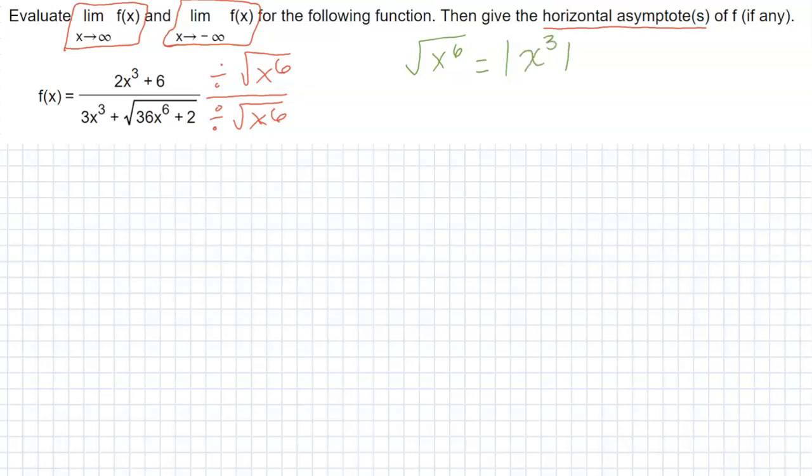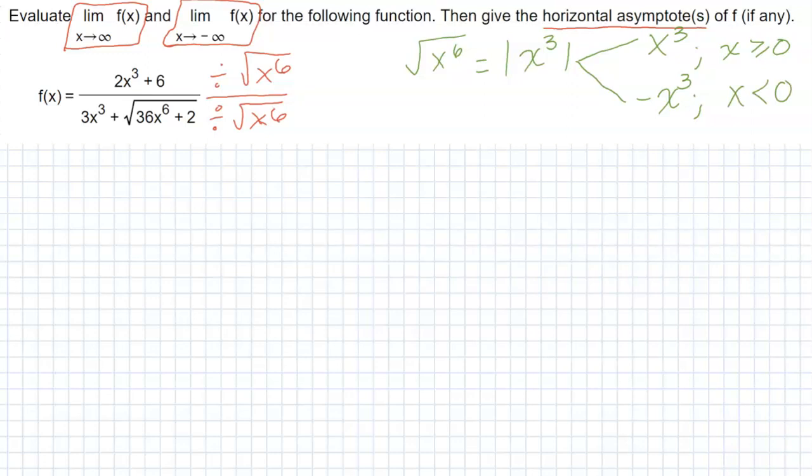Now the absolute value of x to the third, when written without the absolute value, will have to depend on the value of x. If x is 0 or higher, then the absolute value of a positive number is itself. However, if x is a negative number, then the absolute value of x to the third has to be its opposite.